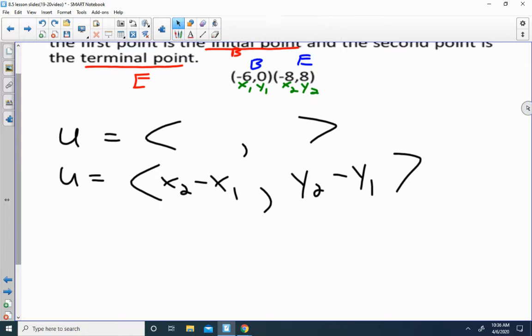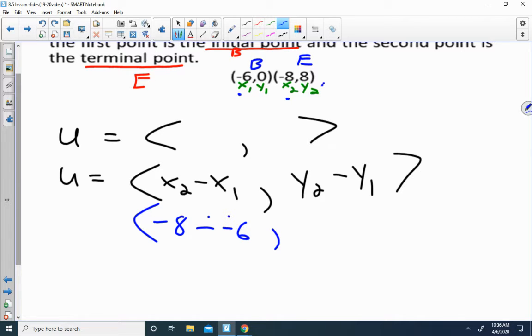So let's go ahead and do it. x2, in this case, will be -8, and then minus x1, which in this case is -6. So we've got a minus a negative here. That will change things. y2 is 8 minus y1, which is 0.